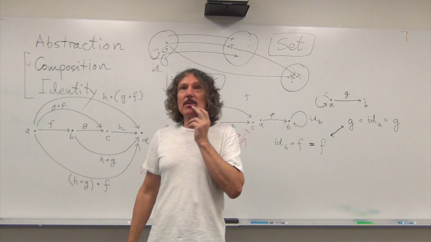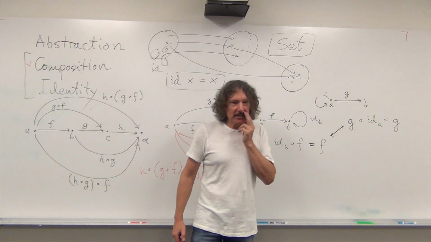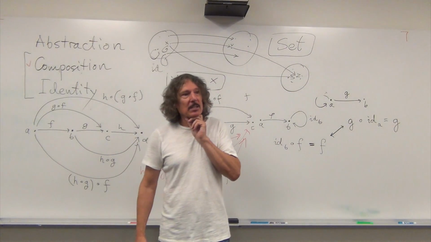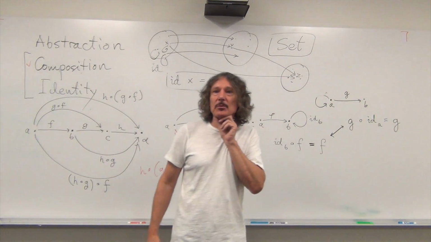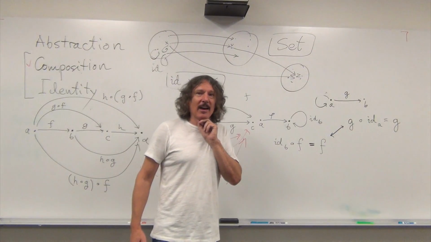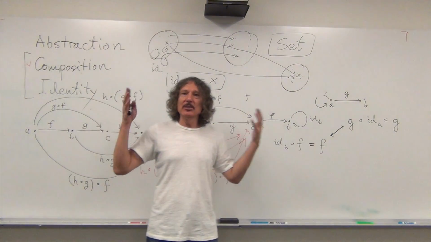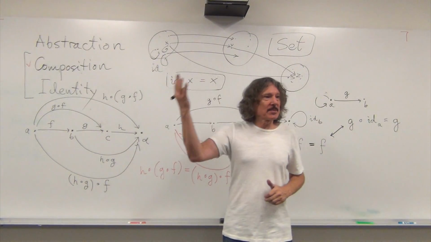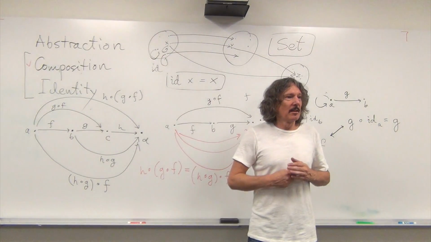So the thing is that you can identify a lot of properties of sets just by looking at the multiplication table. You don't really have to know what's inside these sets. And that gives you a completely new way of looking at things, a more abstract way of looking at things. Okay?